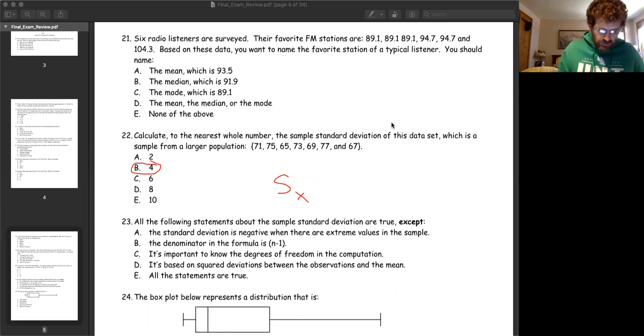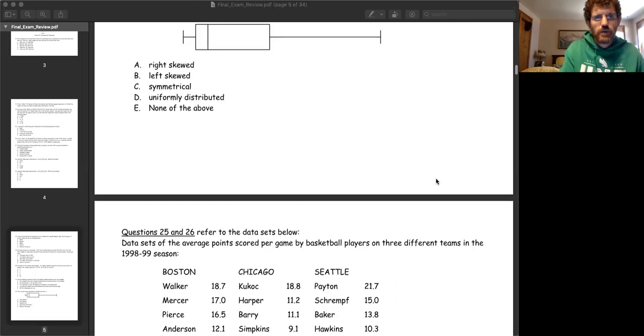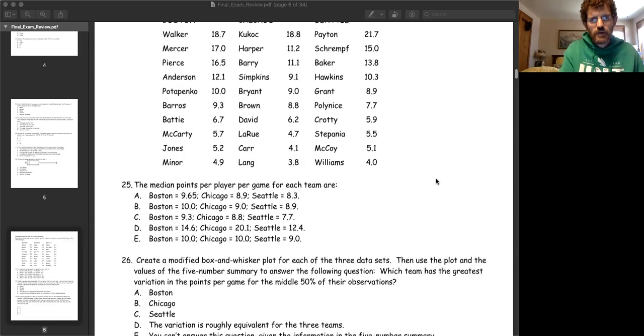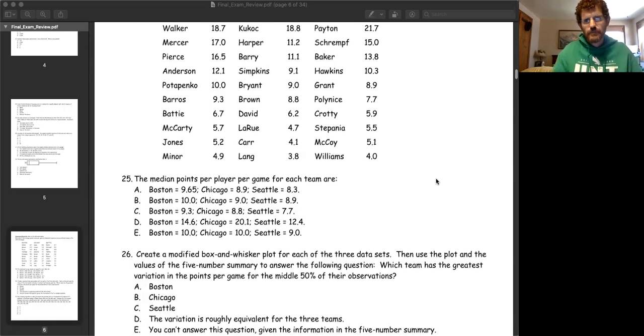So I should also add as a caveat right here that there are certain problems in here that might seem like we're looking at new information, but it is kind of built on stuff that we've already learned. So the questions that I'm going to put on the test tomorrow are going to be kind of the middle of the road type questions.